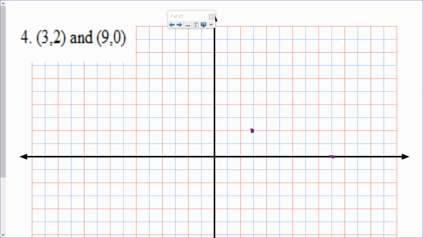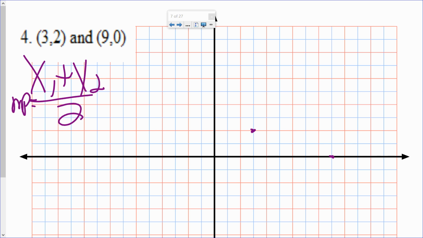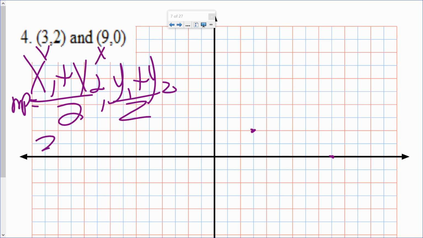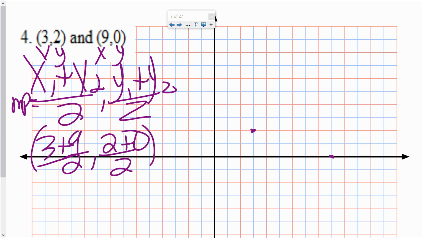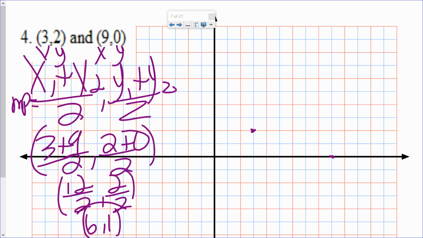Again, I don't have to use the graph for this, but I like to, so I can double check myself. x1 plus x2 over 2, y1 plus y2 over 2. So my x's are 3 and 9. My y's are 2 and 0. That gives me 12 over 2 and 2 over 2, which is 6, comma 1. Does that look correct? Yes.